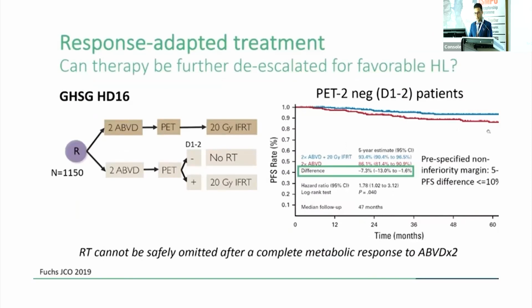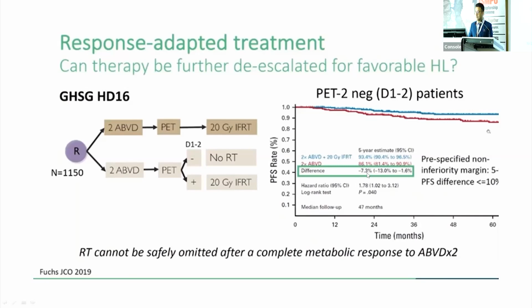And in the experimental arm, the negative PET went on towards observation, and the positive PET received 20 gray of IFRT. What was found is that this had a pre-specified non-inferiority margin to detect a PFS difference of less than 10%. So statistically, they wanted a 95% confidence interval which was less than 10% to say that observation is non-inferior to radiation.